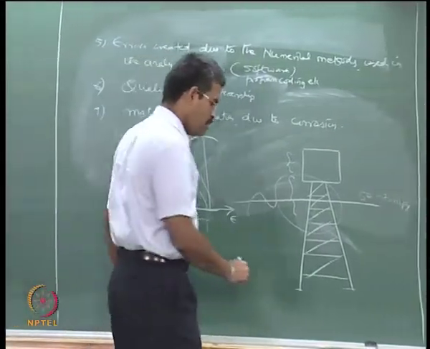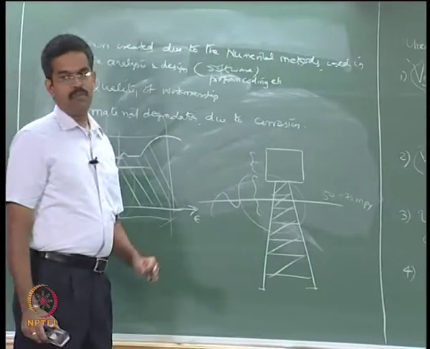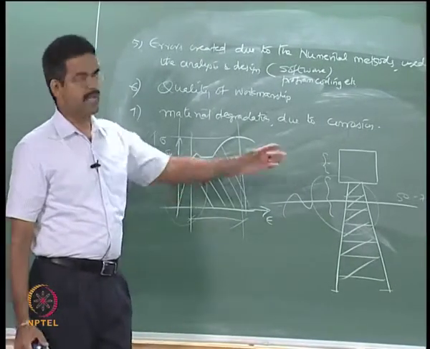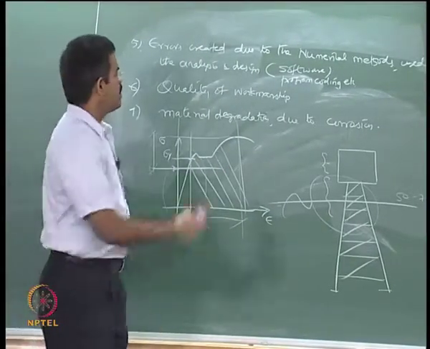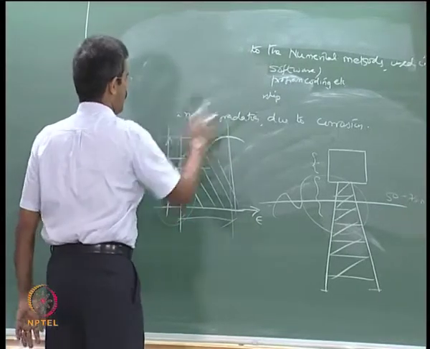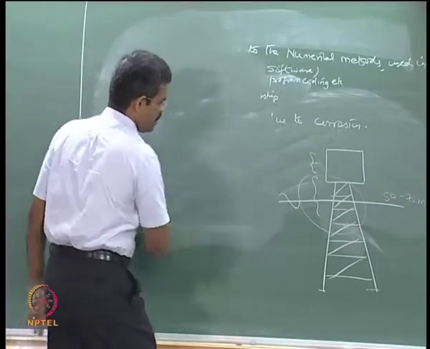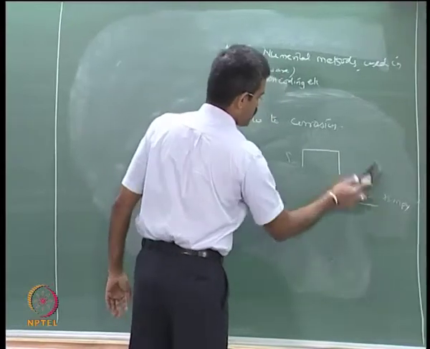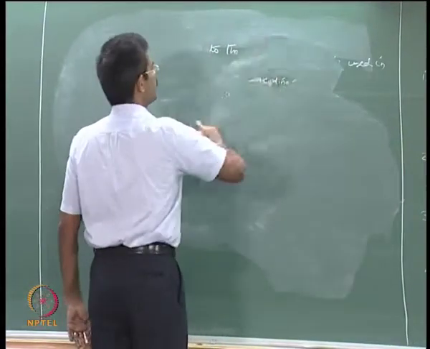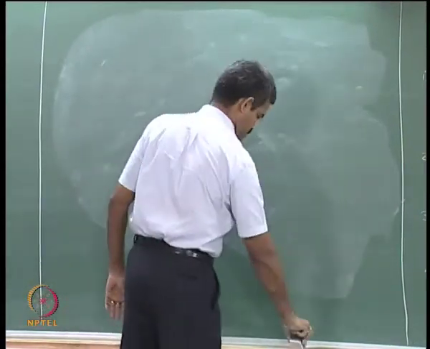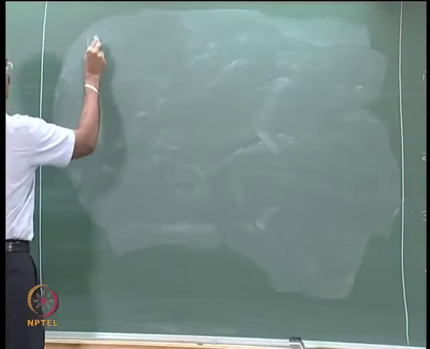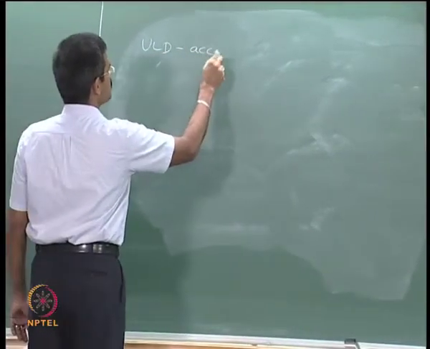Now, the question comes: uncertainties cannot be avoided, cannot be corrected, but how can we live with this in ULD? The ultimate load design accounts for these uncertainties in a very interesting manner.